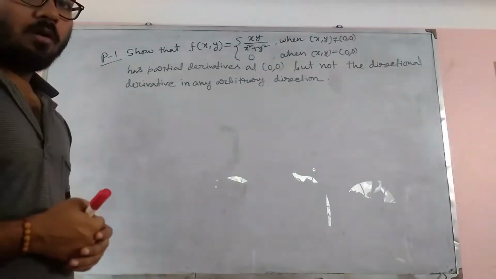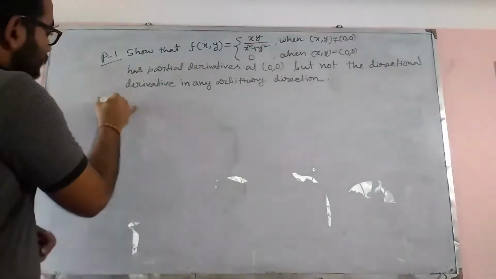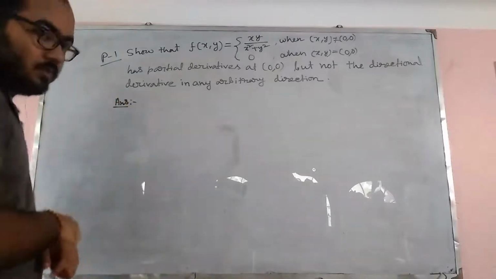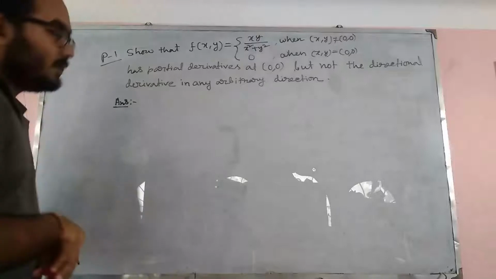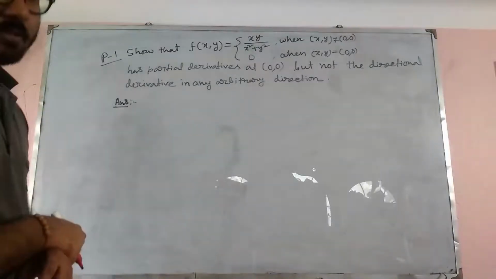Now I will do the problem. See how to approach this problem. At first, I will do the partial derivative at 0, 0.